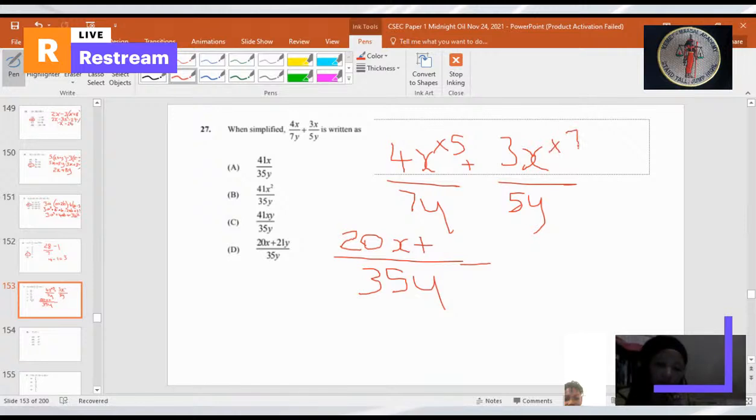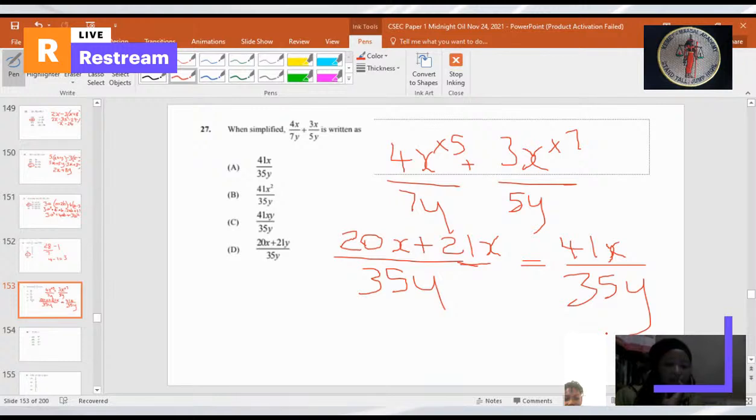And 7 times 3x is 21x. All right. So we have x at the top. We can combine, right? So 20x plus 21x is 41x, and that goes over the 35y. All right. So which one is that? So 41x over 35y would be A.